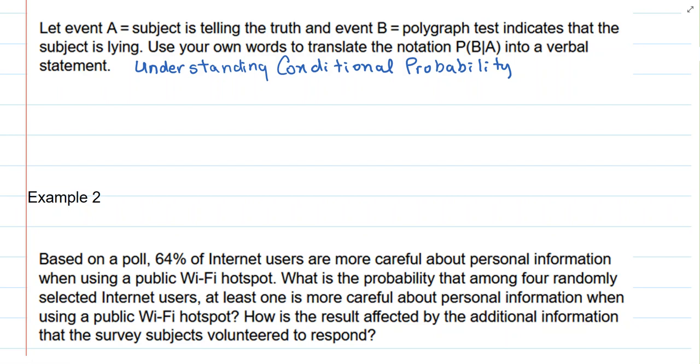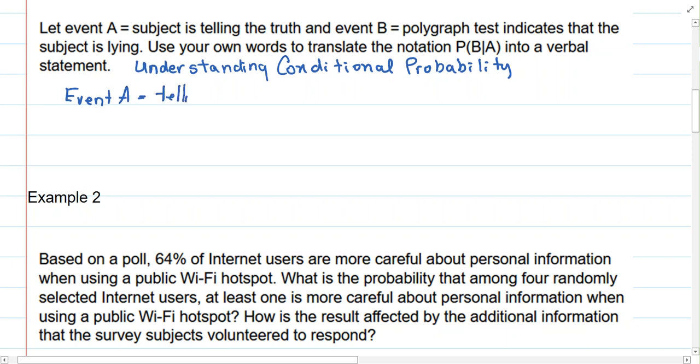So what this says is event A is telling the truth. Event B is lying.